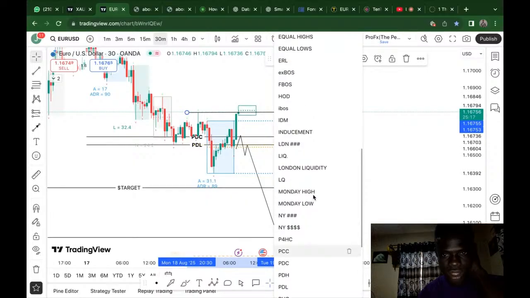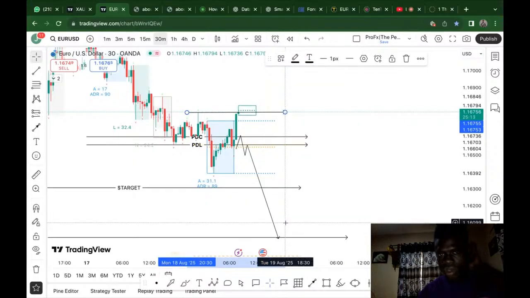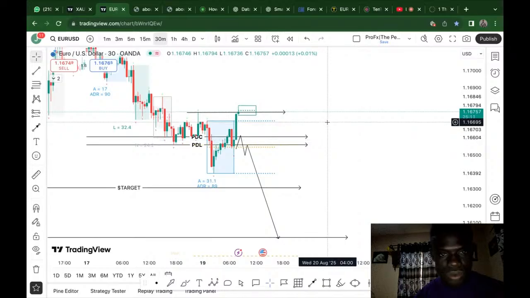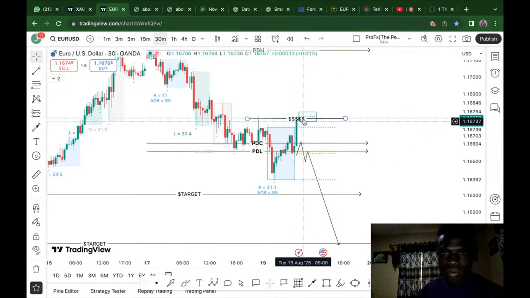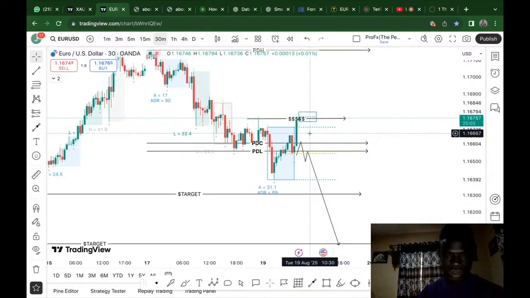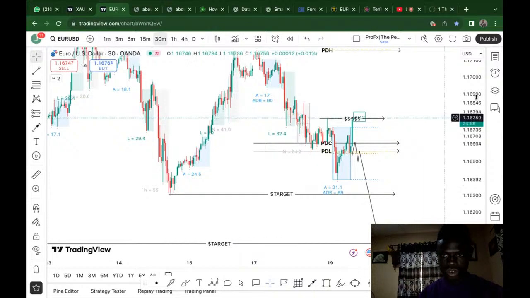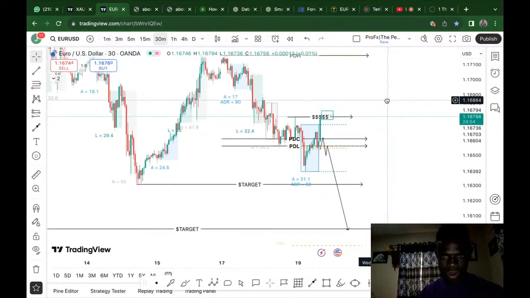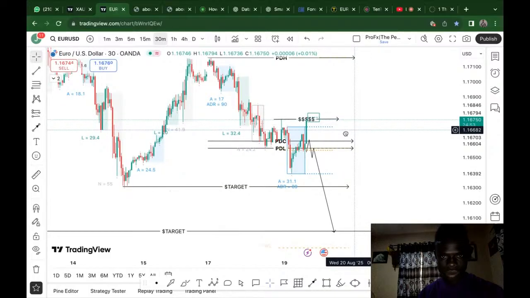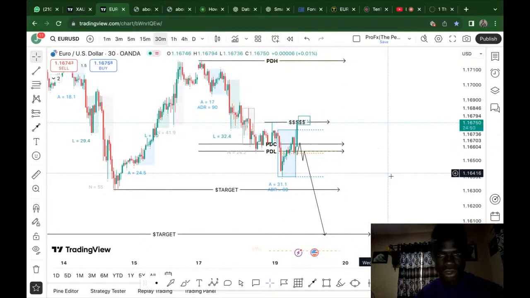So let's term this as liquidity first, because the structure is still bearish. Let's see if it comes back and closes, then we start selling. We're still patient for what USD is doing. You can't conclude here that we are bullish. The structure is still bearish.